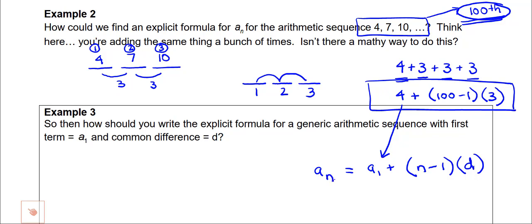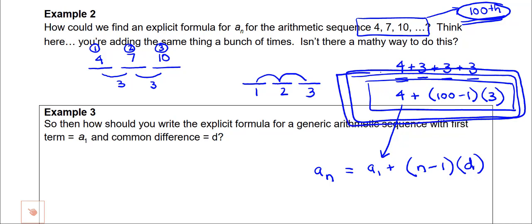Now, do you understand this? So here's what's going to happen. I'm not going to give you this. Because you understand it, right? You can come up with that yourself. This is not going to be just memorizing a formula and plugging in. This should make sense.